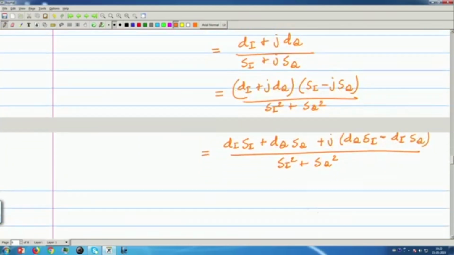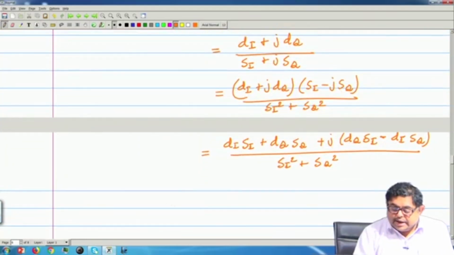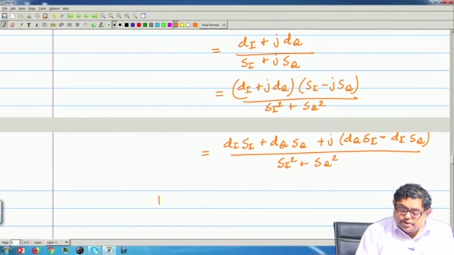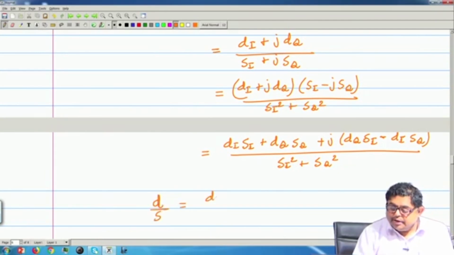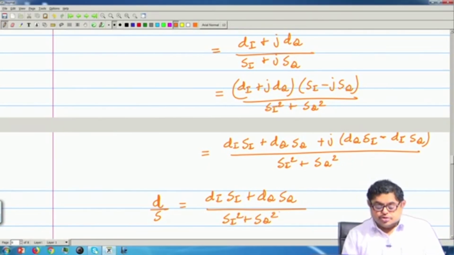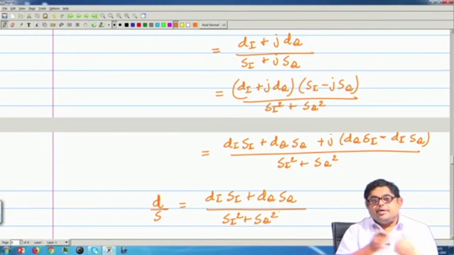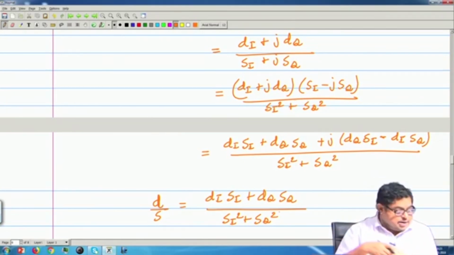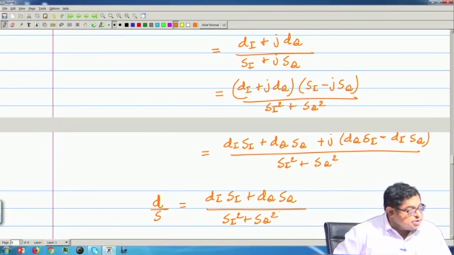If your LO frequency is less than the RF frequency, you will take the real part. So, what is your D by S ratio? It will be (DI SI plus DQ SQ) by (SI square plus SQ square). So, it is not simply DI by SI or something. This is your actual ratio.